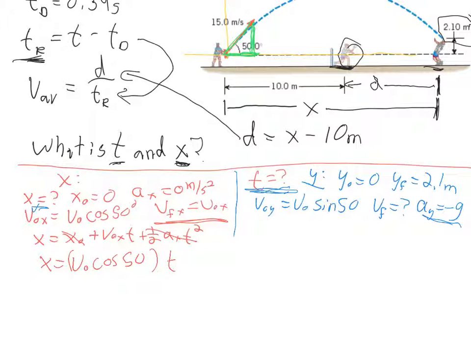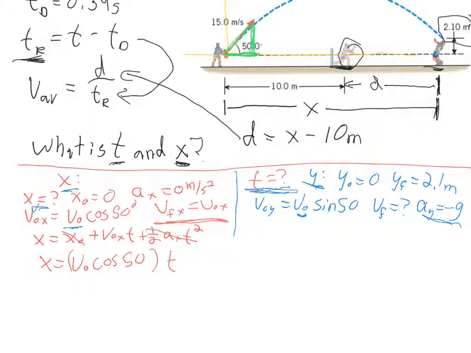You can do all the equations of motion with the x and all of them with the y, but it has to be done separately and only combining via time or the initial velocity when you're breaking it down into its components. Since that's the hypotenuse, you see that in both cases, but in one case the x is v cosine and the other is v sine for the y.